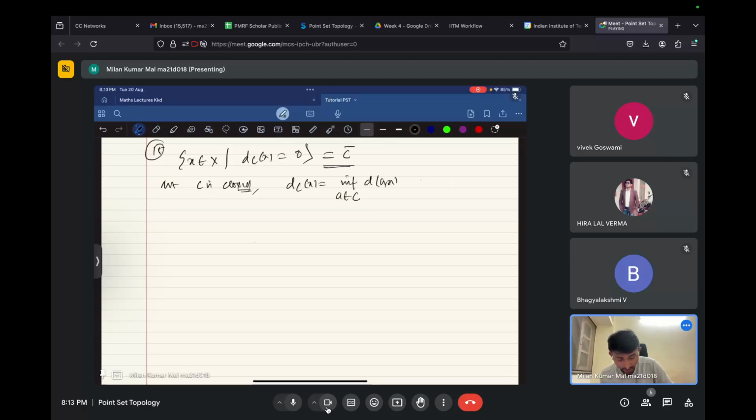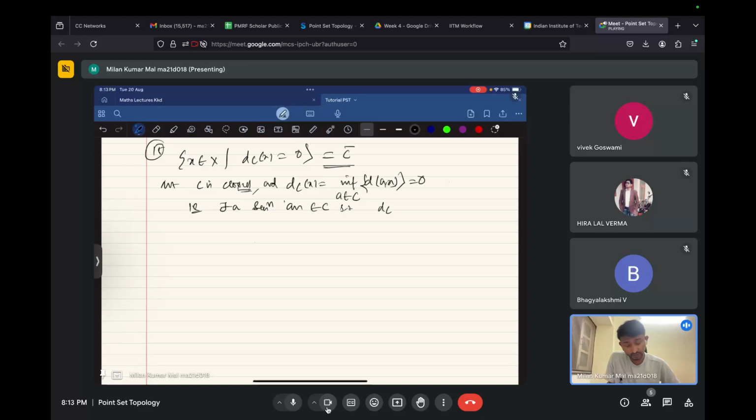That means there exists a sequence, for any infimum or supremum, a_n coming from C such that d of a_n, x goes to 0. Suppose C is closed, I am proving that if dcx equals 0, then x is actually in C. That is my target.